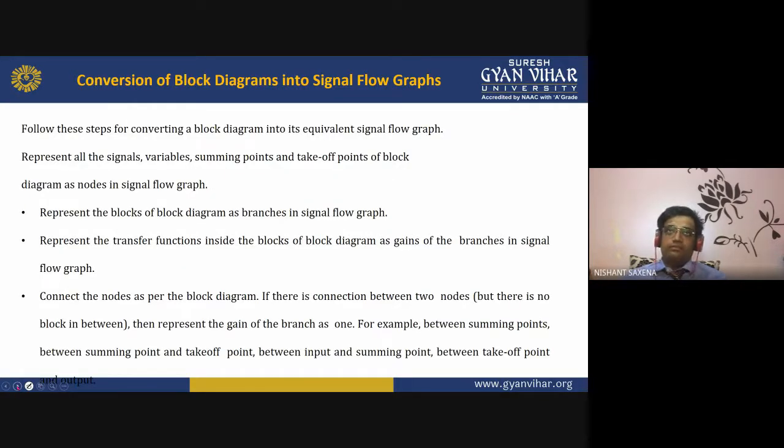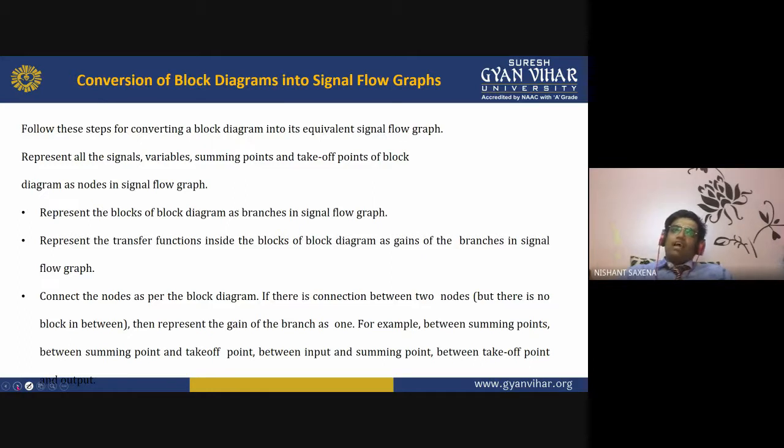Moving further, the conversion of block diagrams into the signal flow graph. To convert block diagrams into signal flow graphs, we have to follow the following steps. If we follow these steps, it will be very easy to convert a complete block diagram into a signal flow graph. What are those steps?